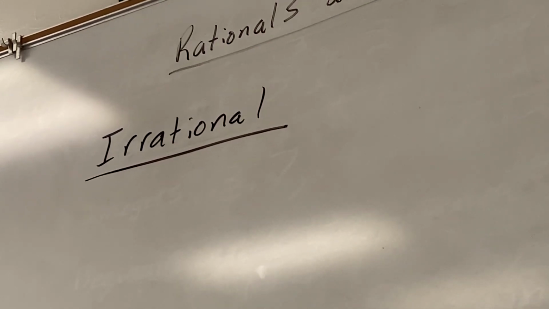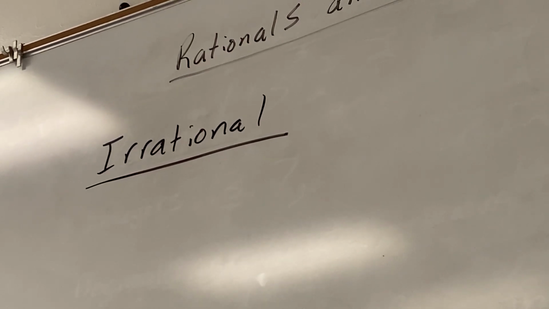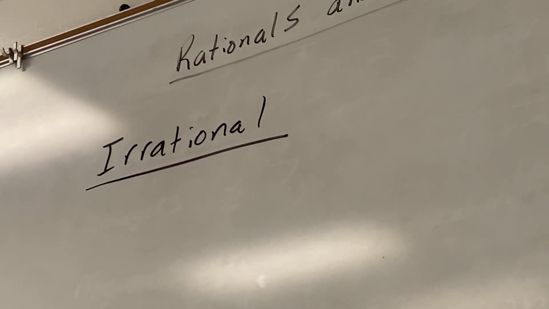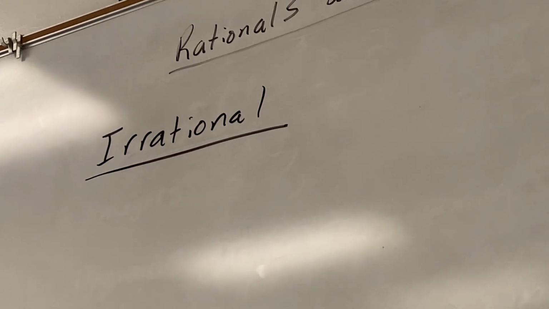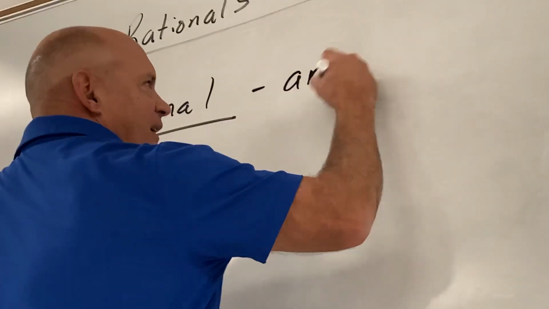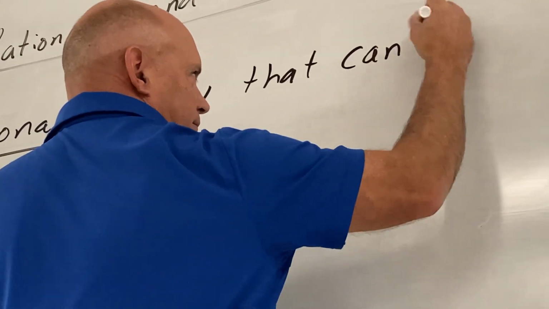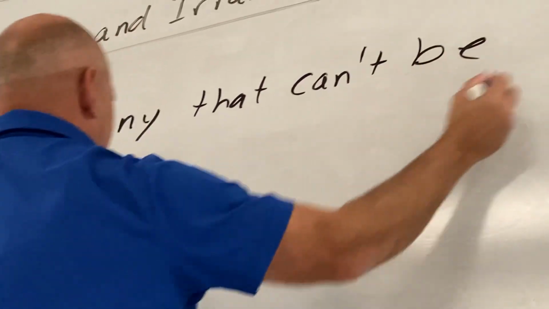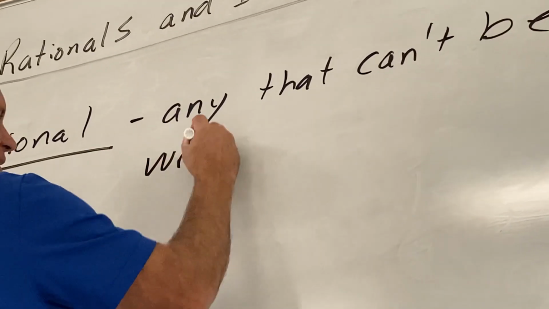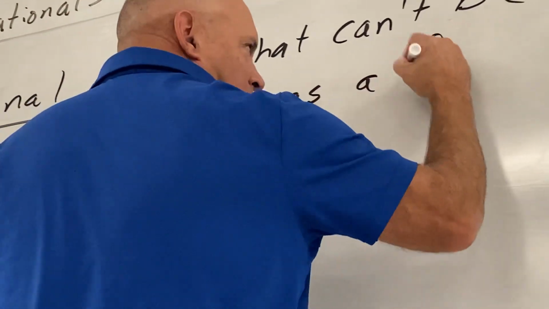Like the opposite of rationals, like, fractions that, or not fractions, but like numbers you can't turn into fractions. She's on it today. Any number that can't be written as a fraction. And you're probably wondering, how is that? We'll talk about it.